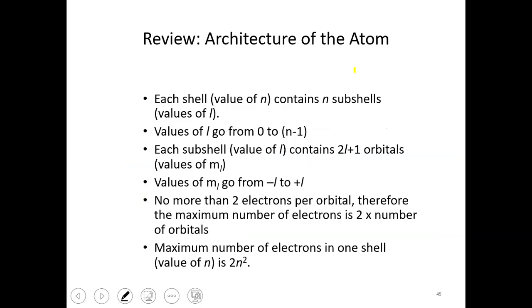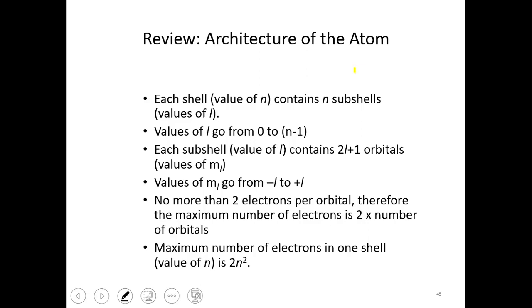Each value of n is a shell, and there's going to be n subshells in it. In other words, n values of L. The values of L go from 0 to n minus 1, so L can never be equal to n. And each subshell contains 2L plus 1 orbitals, in other words, 2L plus 1 values of ML, with ML going from minus L to plus L. You cannot have more than 2 electrons per orbital.